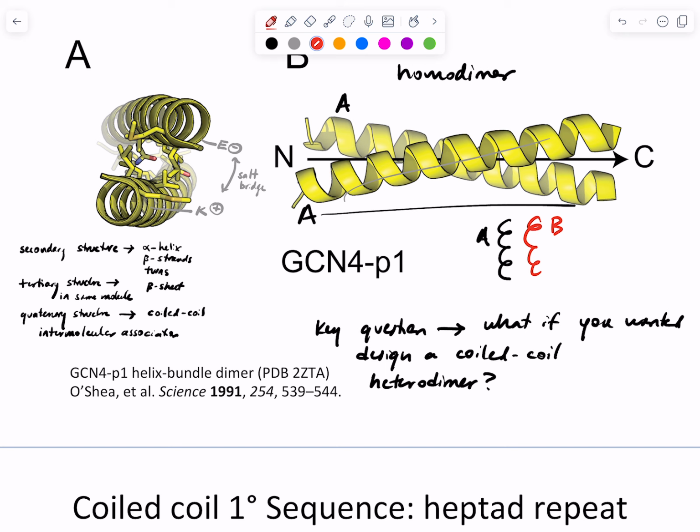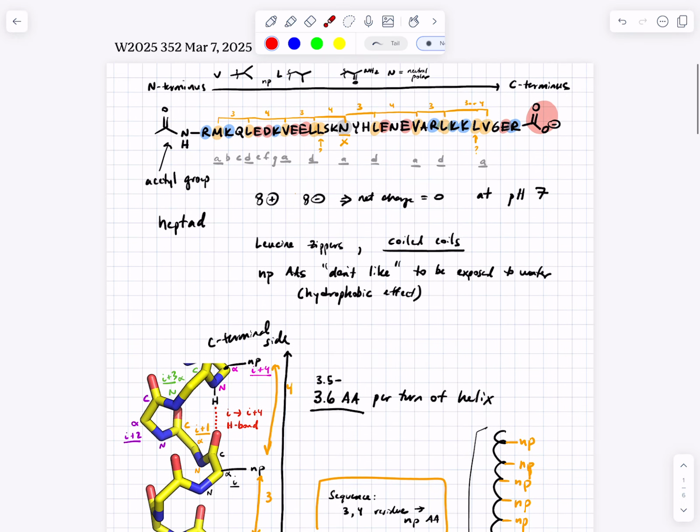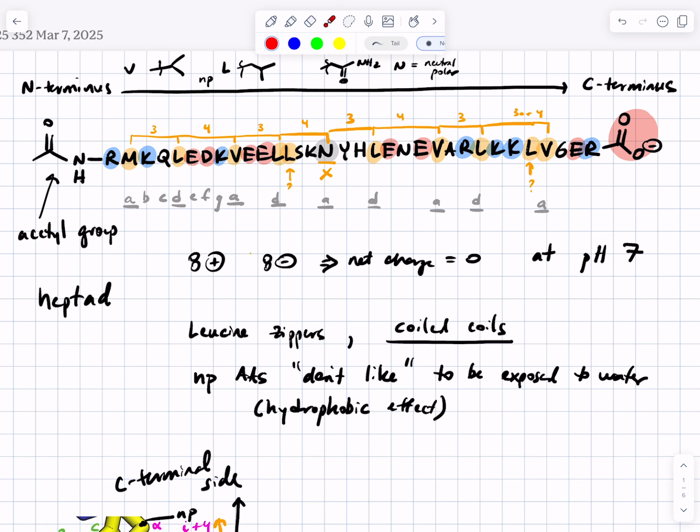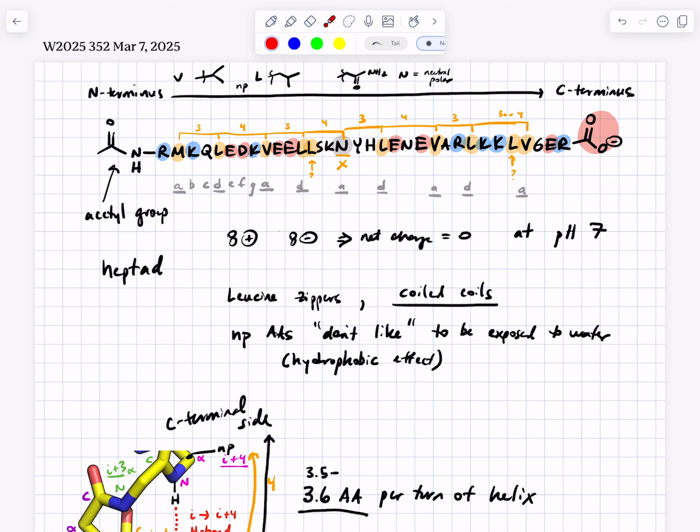So yeah, could you redesign the GCN4 sequence based on something that we've talked about today so that you could get a heterodimer? The clue is to think about the fact that GCN4 itself, this molecule, has a net charge of 0, which we talked about promoting homodimer formation.